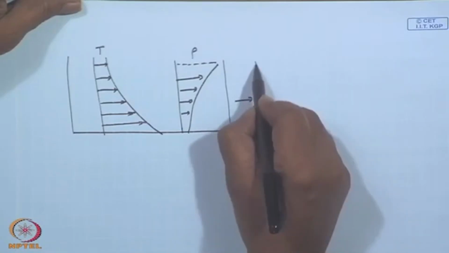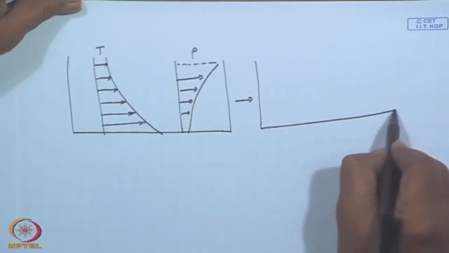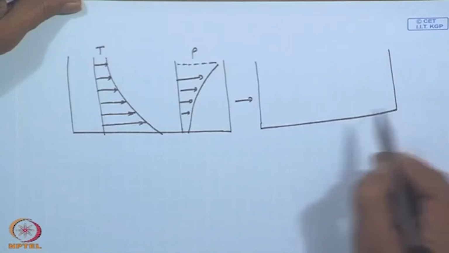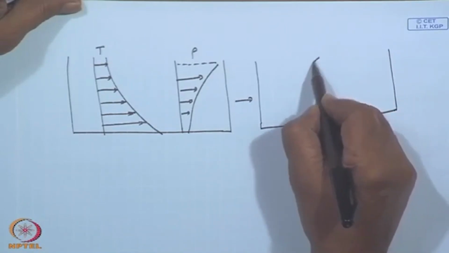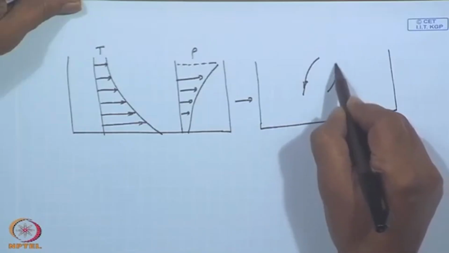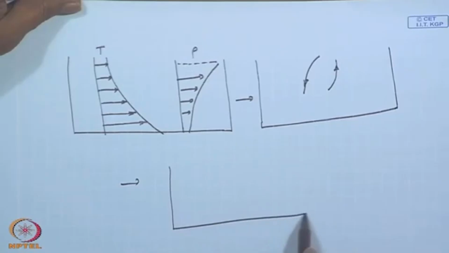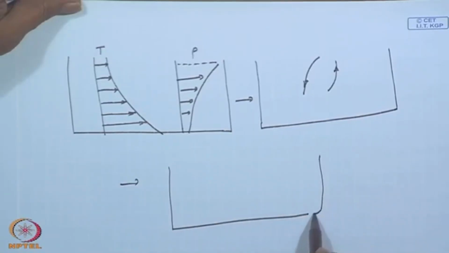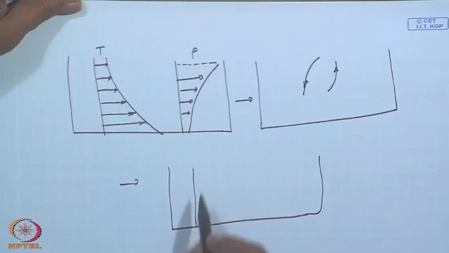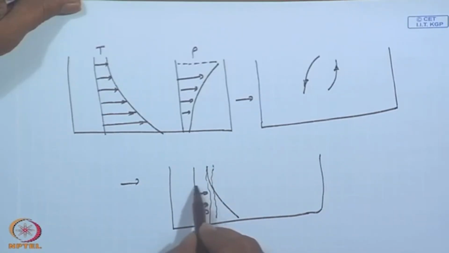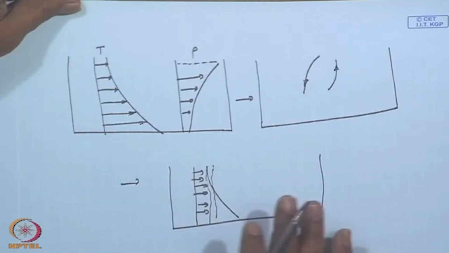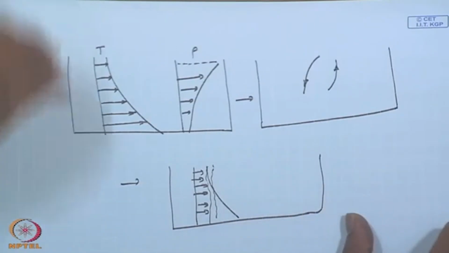This leads to cooler, denser fluid coming down and hotter, lighter fluid going up, leading to a more or less this initial temperature becoming something like this. In fact, it does not increase, it will only become this much. Right? This is continuously what is happening in the natural lakes.